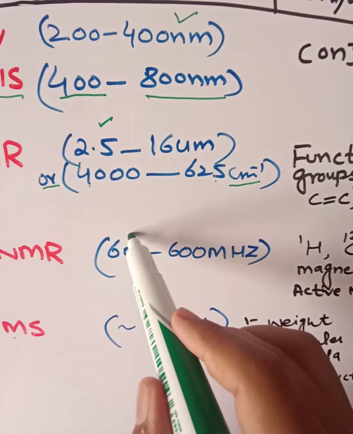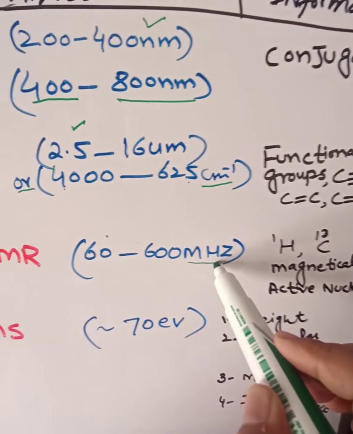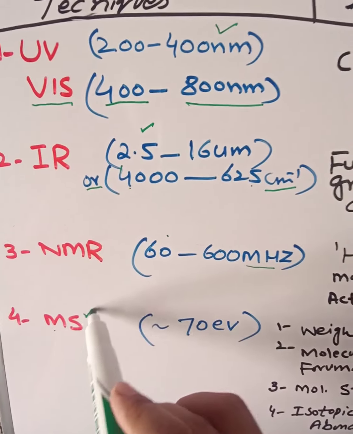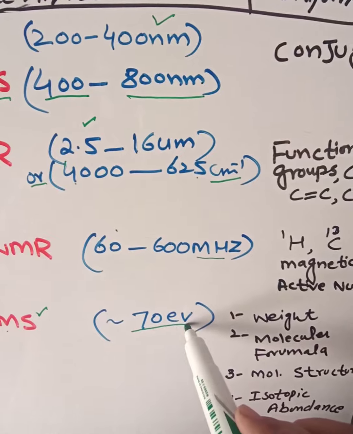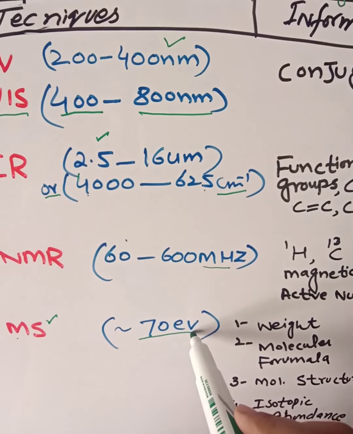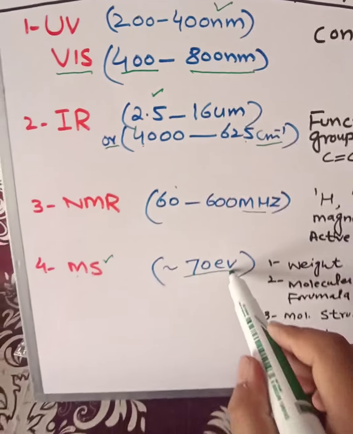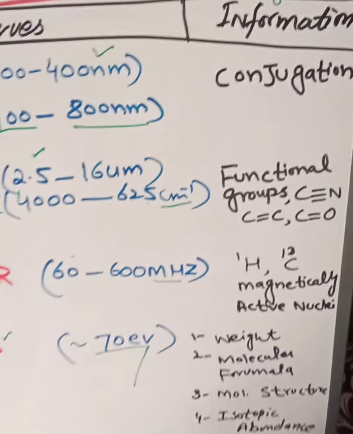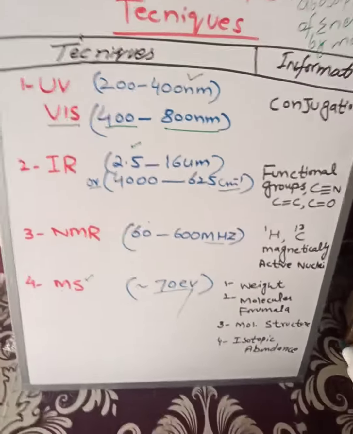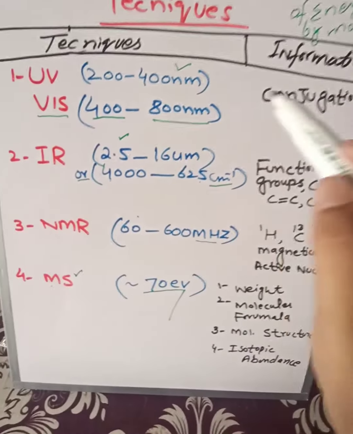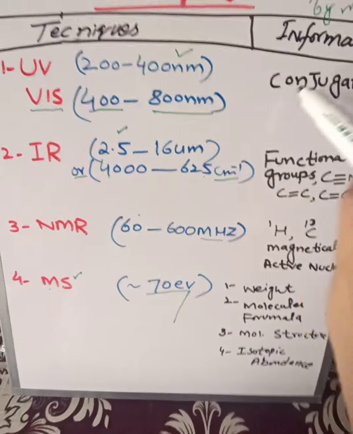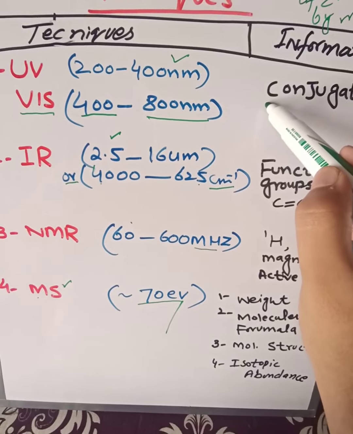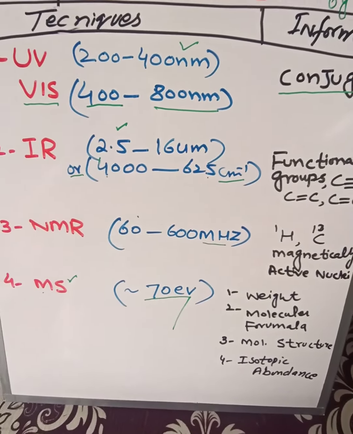For NMR, it is 60 to 600 megahertz, and for mass spectroscopy, 70 electron volt energy is required in order to determine the information, molecular mass, etc. From these techniques we get the information. UV visible tells us about the extent of conjugation in a molecule.